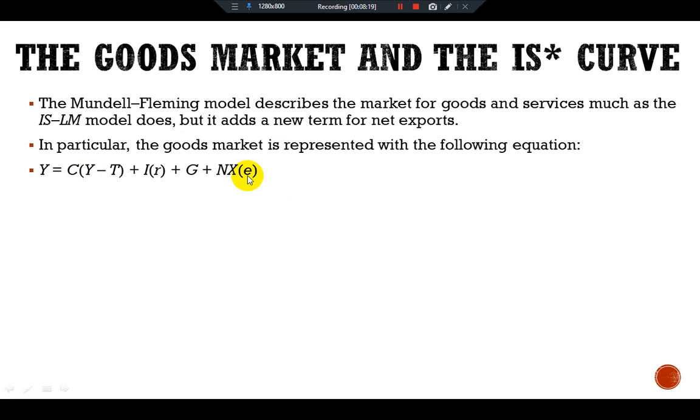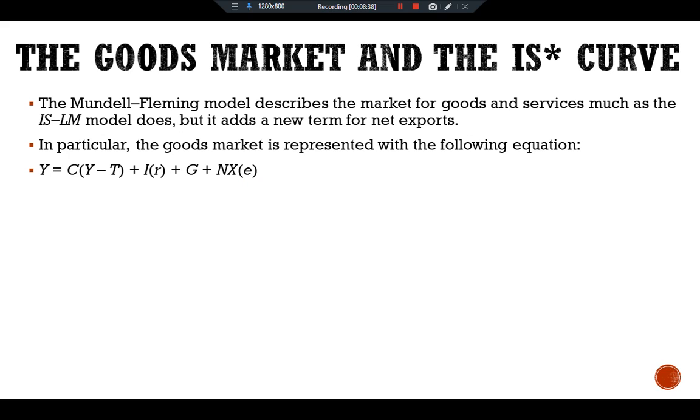As before, we defined the exchange rate in our previous video as E, the amount of foreign currency per unit of domestic currency. For example, E might be 100 yen per dollar.